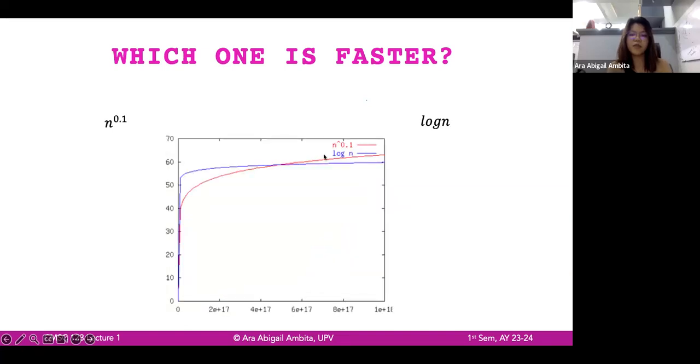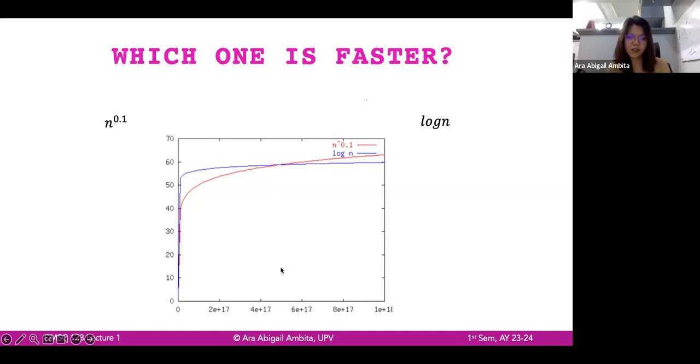Okay? And what about this one? You have n raised to 0.1 compared to log n. Which one would be faster? Essentially, if we just use the order of growth of the functions, then log n will win, right? Log n will be faster.